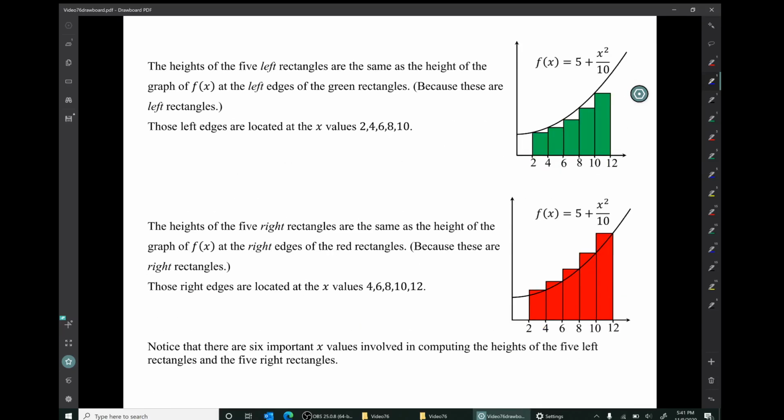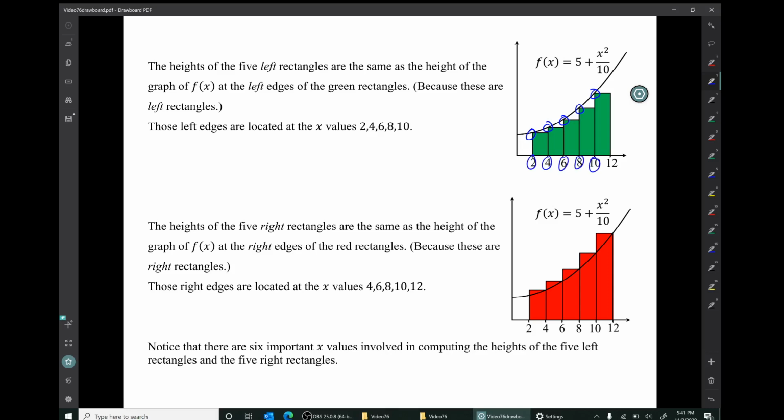The heights of the 5 left rectangles are the same as the height of the graph of f of x at the left edges of the green rectangles, because those are left rectangles. Those left edges are located at the x values 2, 4, 6, 8, 10.